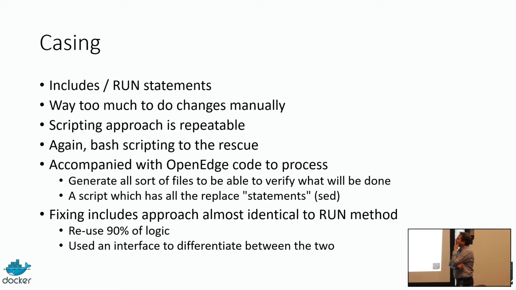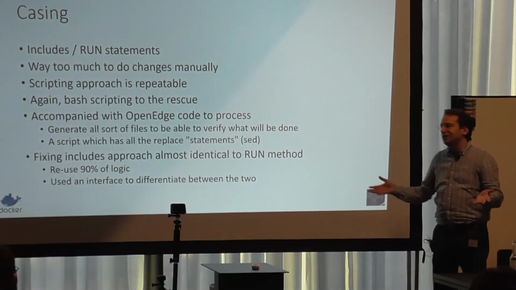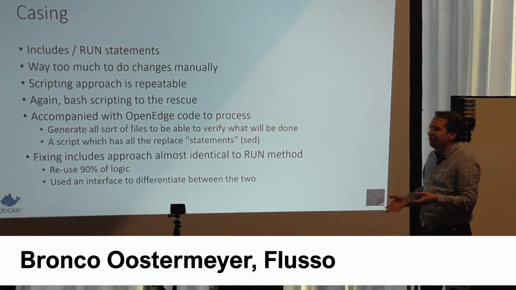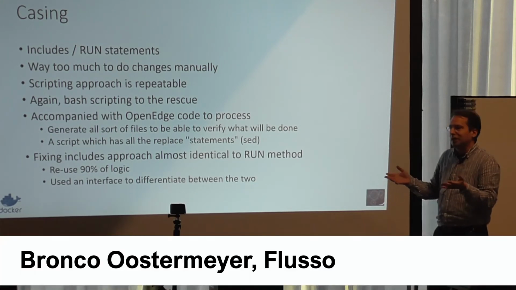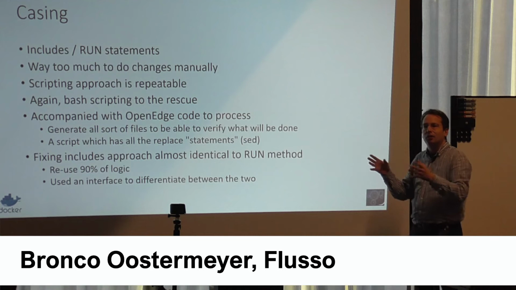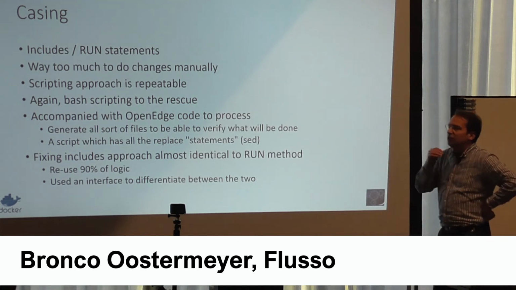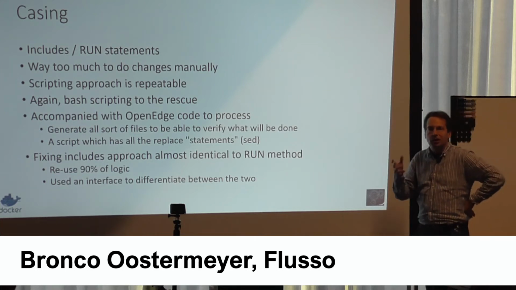One of the other things is casing, of course. Later on I'll show you an example of what we actually encountered, but when you look at it from a compilation point of view, the casing of the include files is relevant as well, because sdo.i, for example, is not the same as sdo.i in capital. So making sure that all the files and all the references have the correct case is a challenge in itself as well.